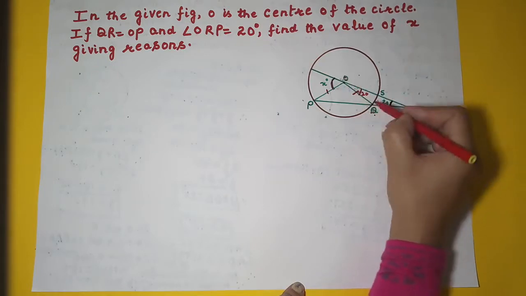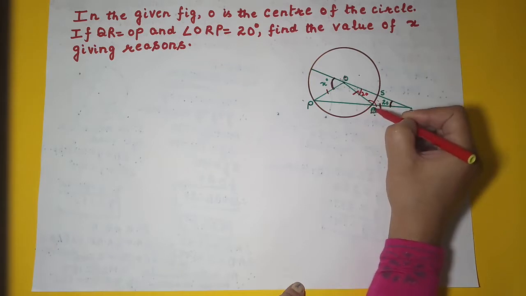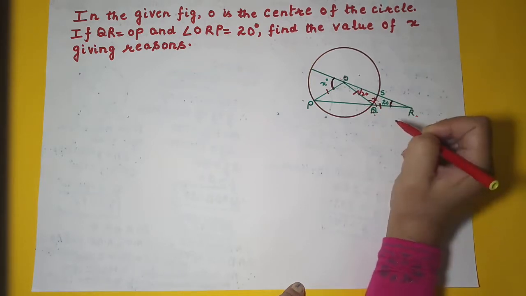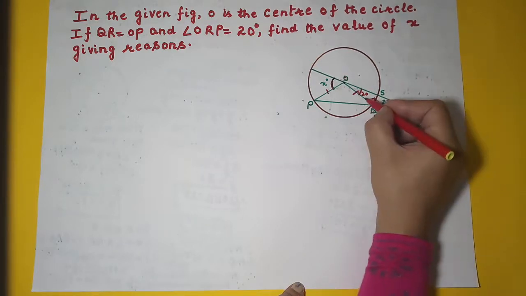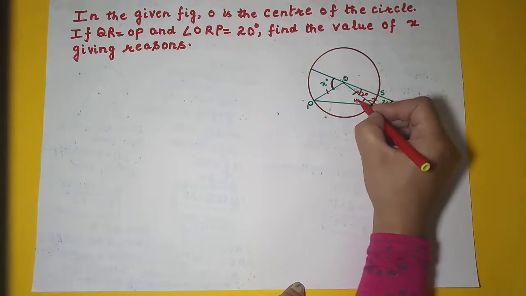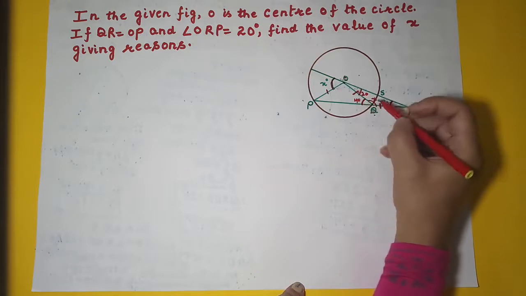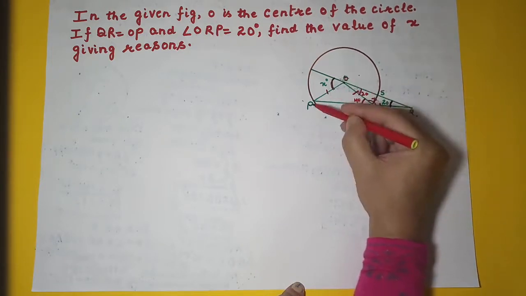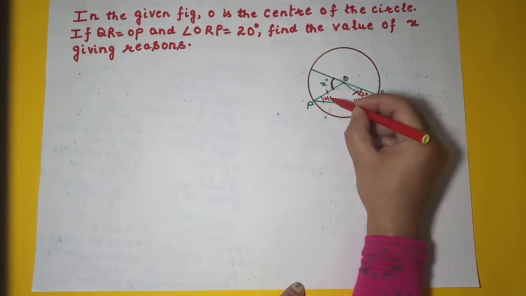Now in this triangle, you will find this angle. How? 20 plus 20 plus this angle equal to 180. So let's name this angle as X. So this will become 140. So if this is 140, then this angle will become 40. Right? So if this is 40, in this triangle, OQ equal to OP, then this angle will also be equal to this angle.